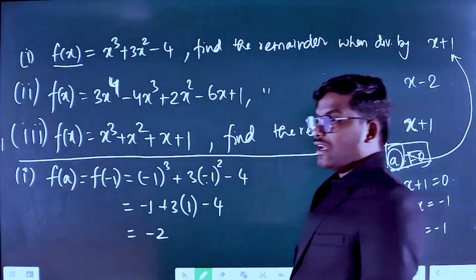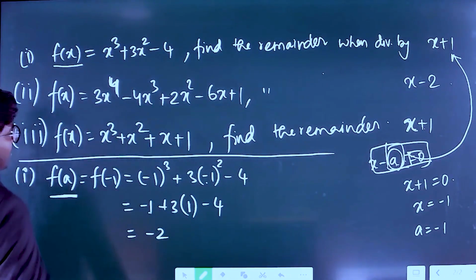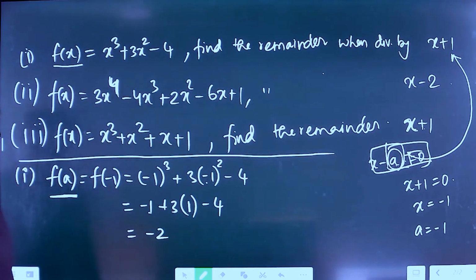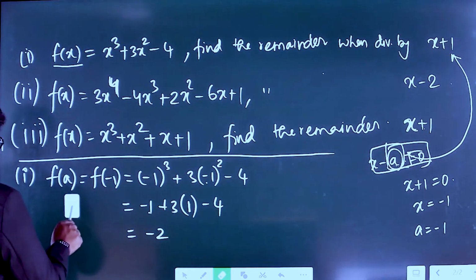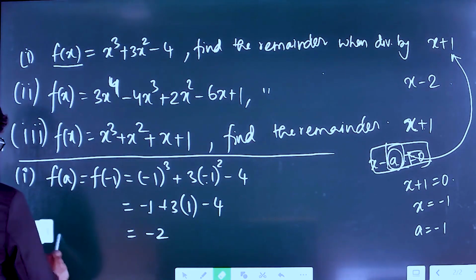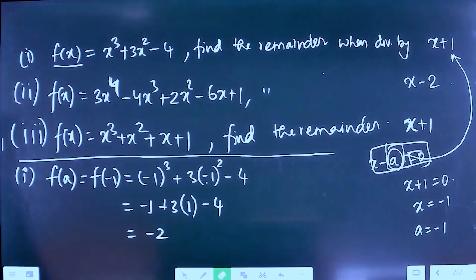Understand what is the value of a. Based on that, we'll substitute a in place of x in the expression for f(x). I hope it's done. You can just quickly take a screenshot.